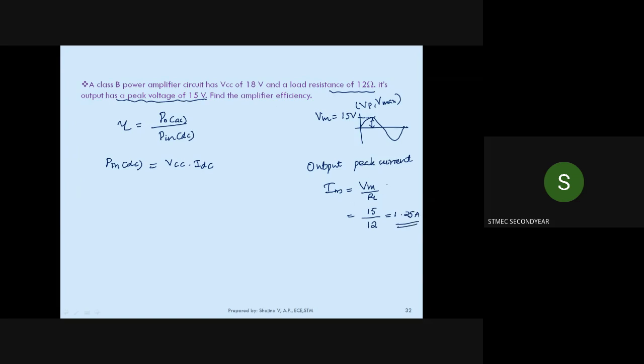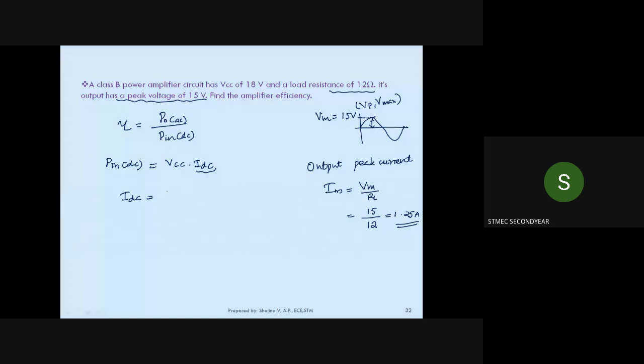Okay, then our need is DC current. So from this peak value, how will you obtain DC value? What will be this value of IDC? For a half cycle, it is Im by pi. DC current is equal to Im by pi.